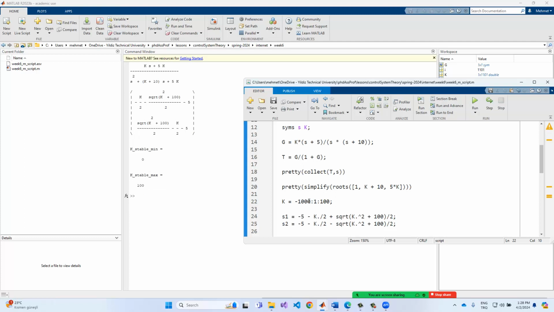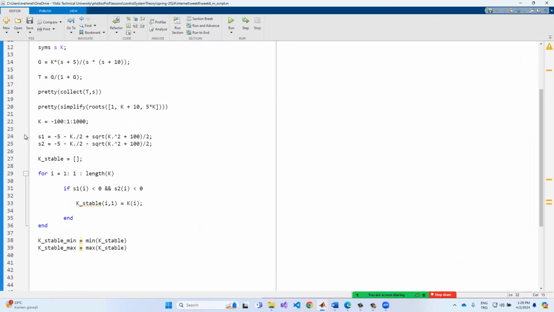Or we can increase the values of the positive terms in here, just like this one, and then the k stable max is increased, which means that we have a branch for the k stable value in here with the range of 0 to infinity. We can test our algorithm, or the closed loop transfer function, in order to find which range of k is stable for a given transfer function domain.